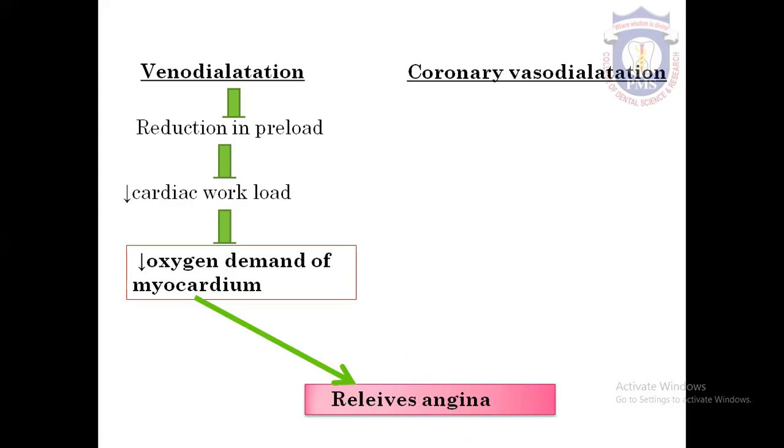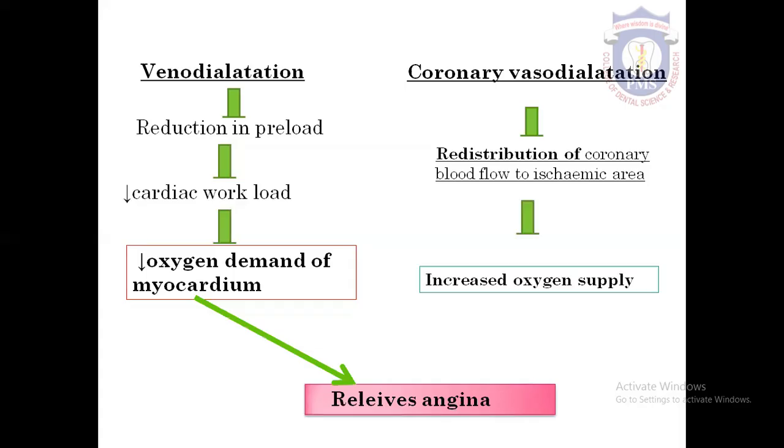Nitrates also produce coronary vasodilation, thereby redistribution of coronary blood flow to ischemic areas occurs, and there is increased oxygen supply to the myocardium, also producing relief from angina.